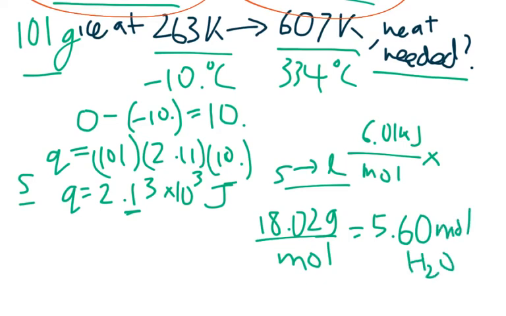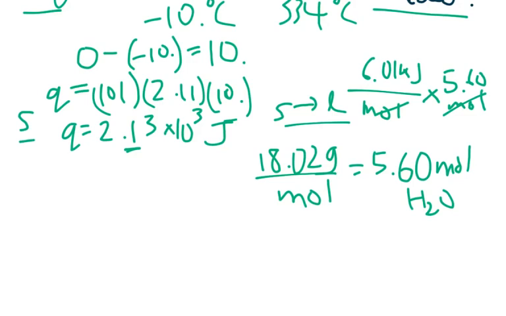So we have this many moles of water, and each mole of water needs this much energy to be melted. So we just have to multiply by 5.60 moles, and the moles cancel out, and we're left with, I have no idea. Let's just type it into a calculator.